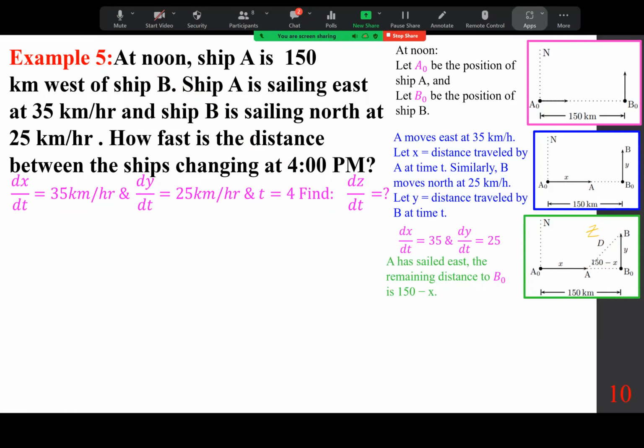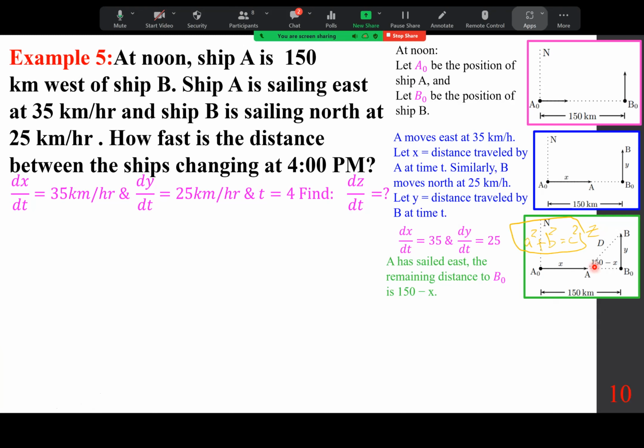So what is the formula? We know the Pythagorean theorem says A squared plus B squared is equal to C squared.